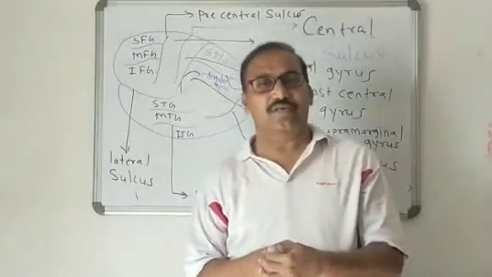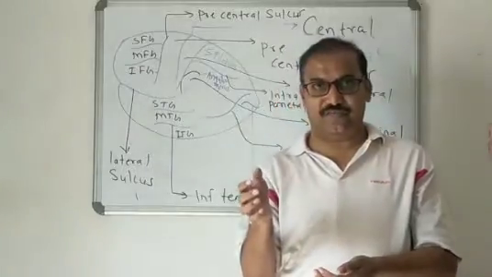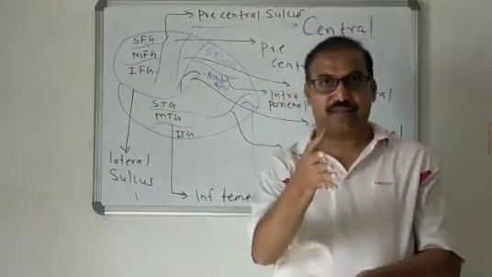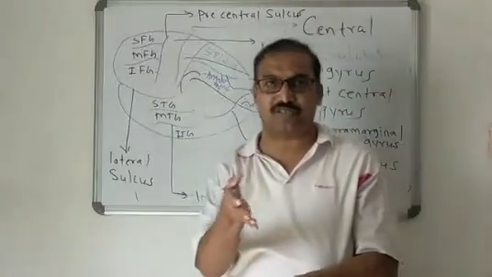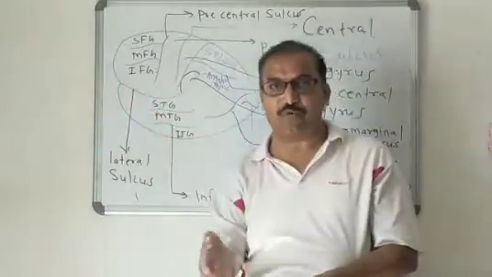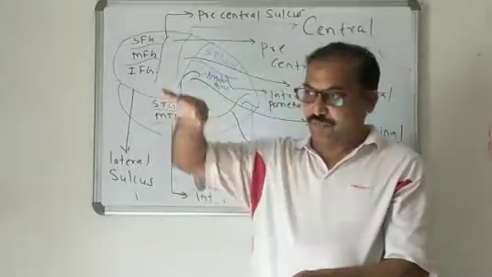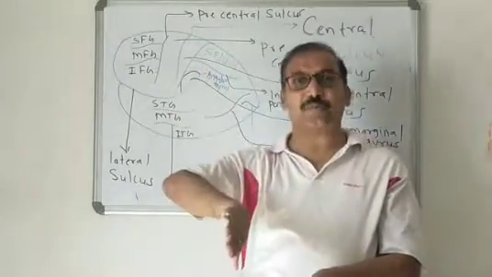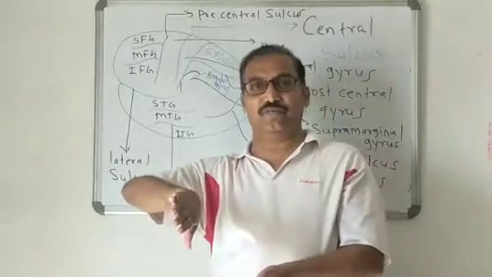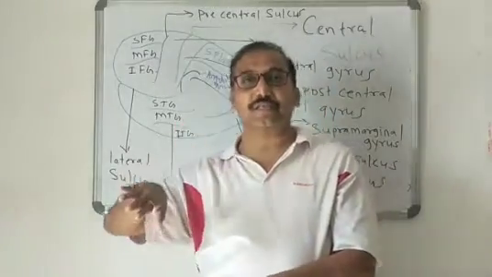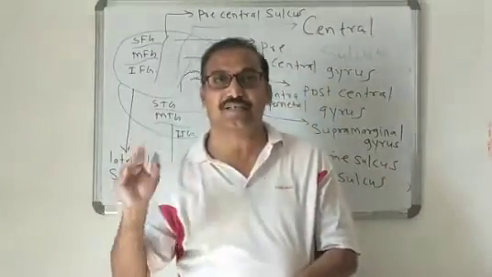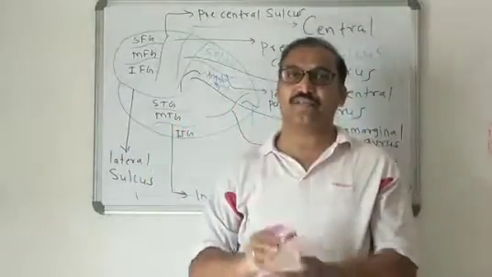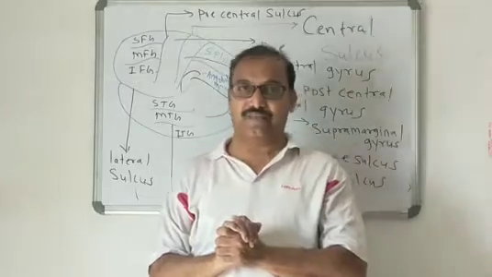Now what happened here? This superior lateral surface of the cerebral hemisphere is folded onto itself and forms convolutions, meaning it forms depressions as well as elevations. The depressions present over the superior lateral surface of the cerebral hemisphere are called sulci, and the elevations are called gyri.